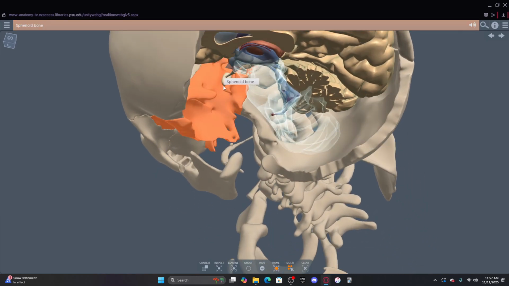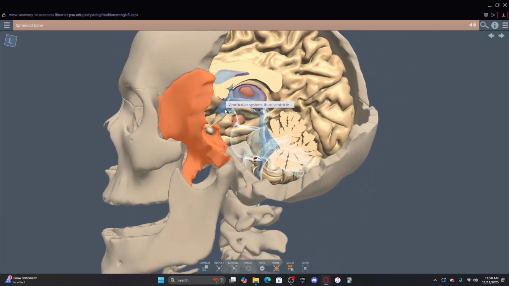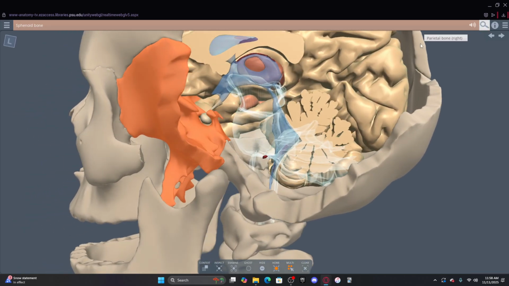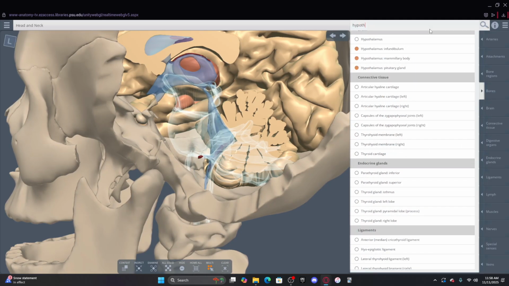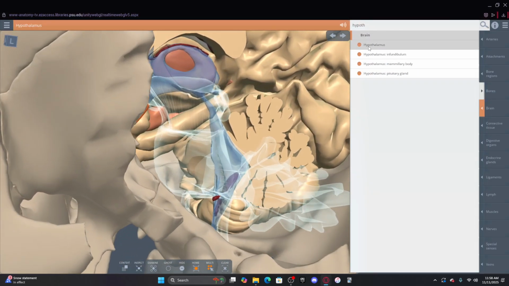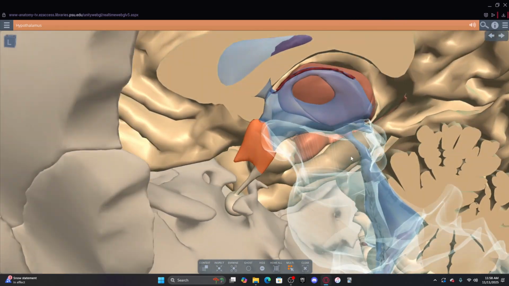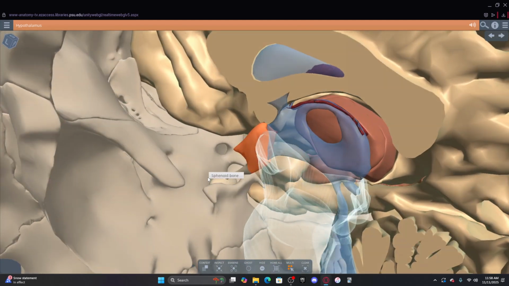You have the hypophyseal fossa, and then you have your pituitary gland, which is connected to the infundibulum, which is then connected to the hypothalamus. I thought I pressed hypothalamus before, but okay, there we go. Finally. So we see the hypophyseal fossa, and the sphenoid bone is right here.